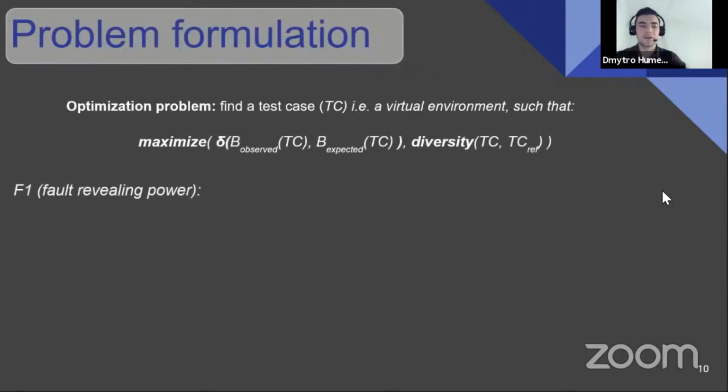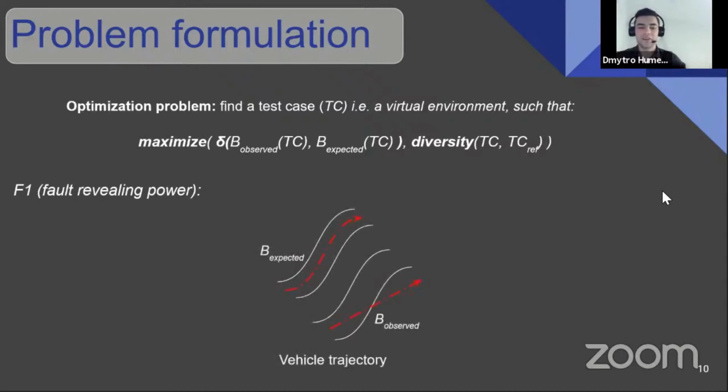So actually, the generation of a testing scenario can be represented as an optimization problem. Our goal is to find a virtual environment which will be executed in a simulator, such that the behavior that we observe from the simulation deviates in a big way from the expected behavior, which is smooth driving in our case.